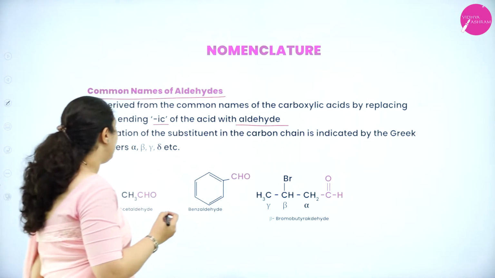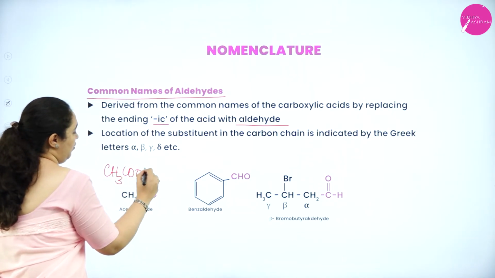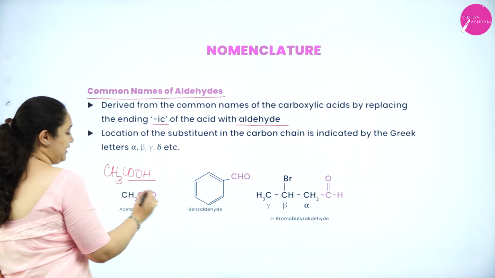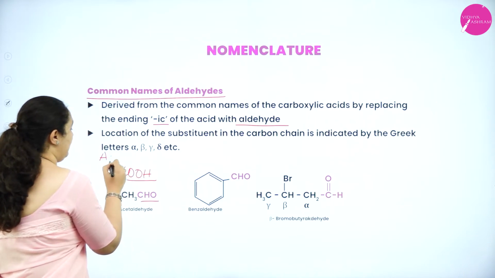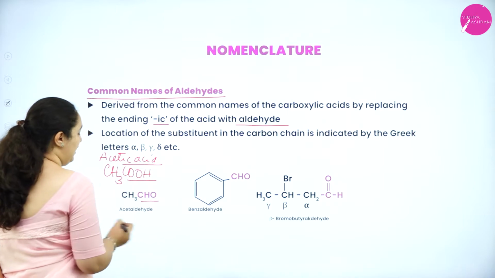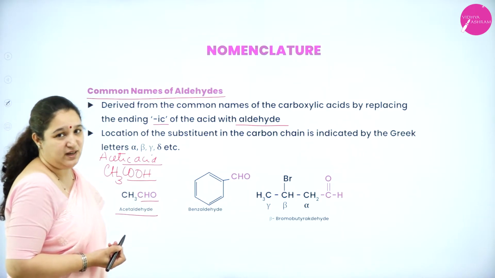For example, acetic acid was CH3COOH. Now, instead of the COOH group, there is a CHO group. So, acetic acid, the acid is removed and aldehyde is added. So acetaldehyde is the name.